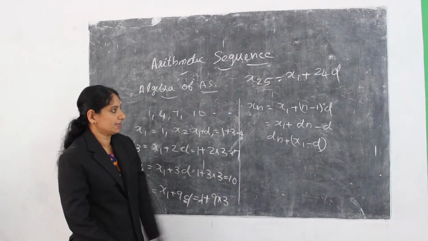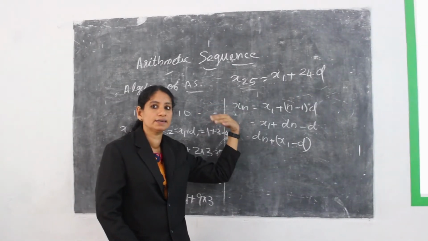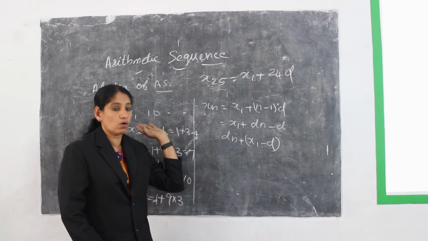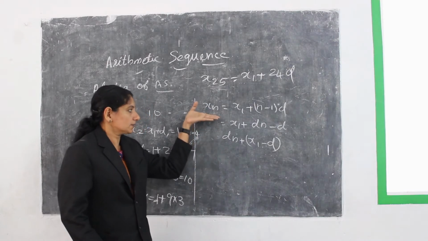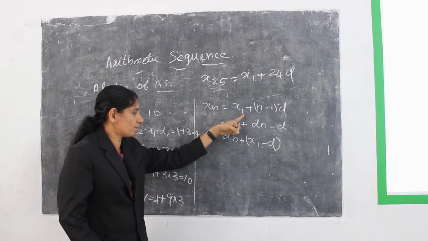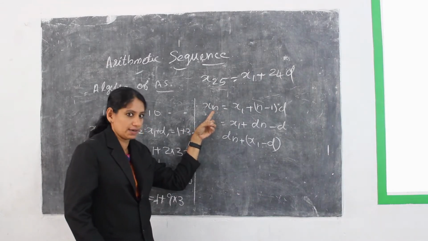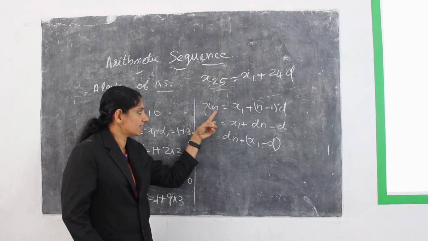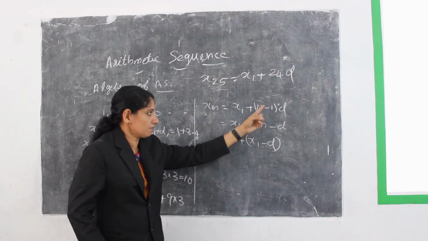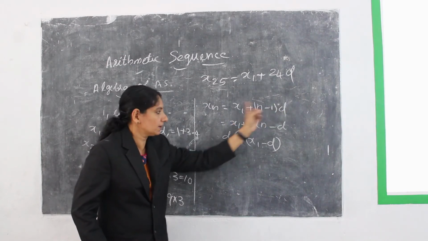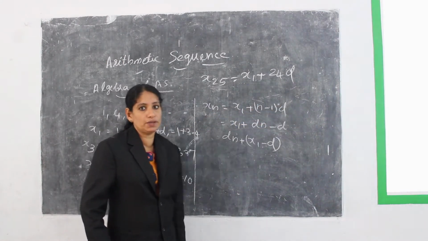If we proceed like this, how can we find xn, the nth term of this sequence, or the algebra of the sequence, or the general form of the sequence? That is xn equal to x1 plus the number 1 less than this position number n. That is n minus 1. xn equal to x1 plus n minus 1 into d.